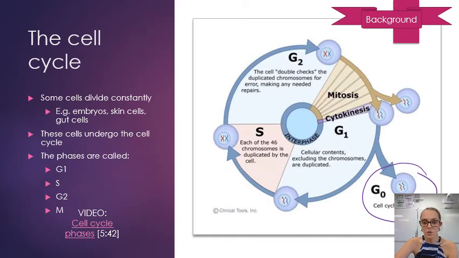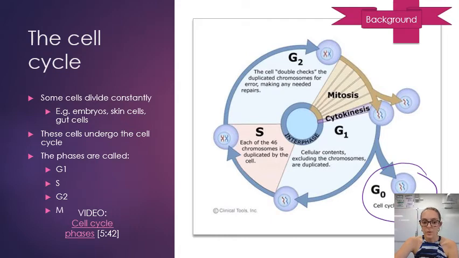Other cells don't continually divide. So things like your nerve cells, they typically aren't known for being able to replenish themselves or make new copies of themselves. And that's what we're going to look at when we look at this G0 cycle, where they pretty much do the cycle and then leave the cycle and stop undergoing any further divisions.